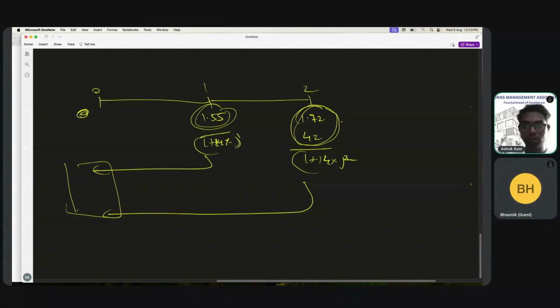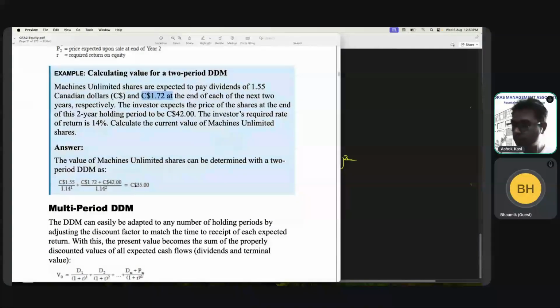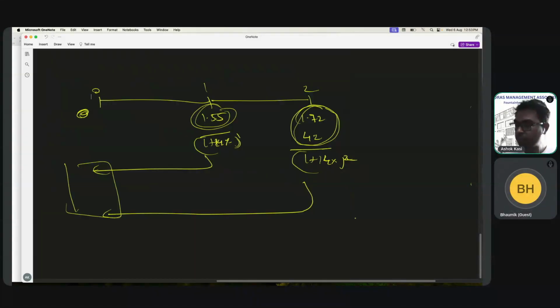It will ask for interest, key in 14. The value is 35. That is the value.